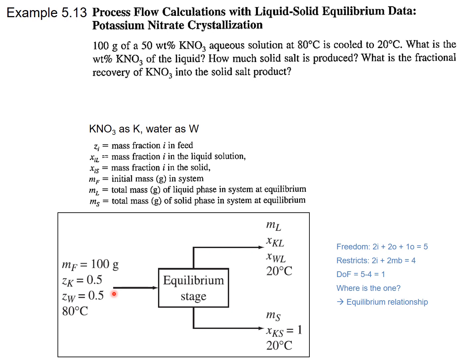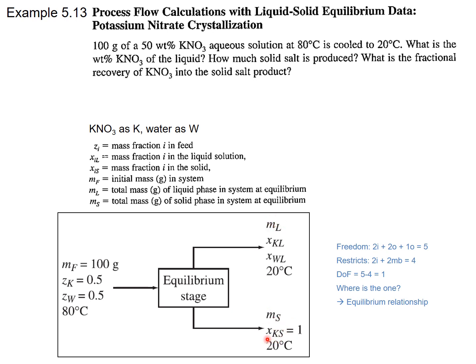Then we would have a two-phase solution having saturated solution plus solid materials, so crystallization. Then the output stream is split into two streams, and the first one is the liquid and the second one is solid.